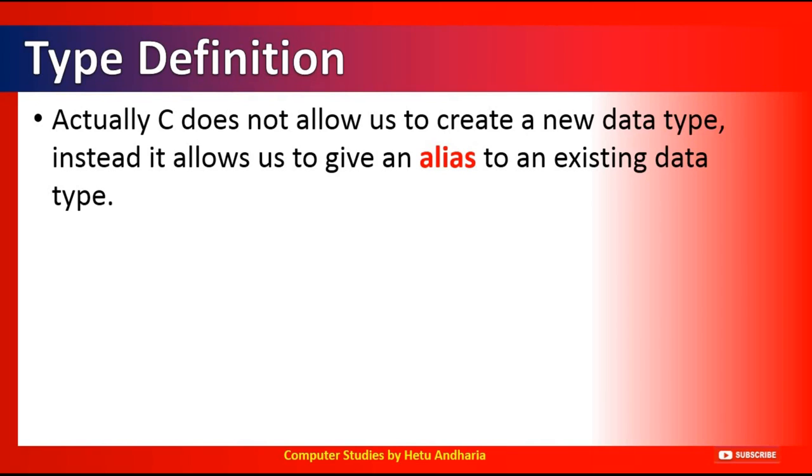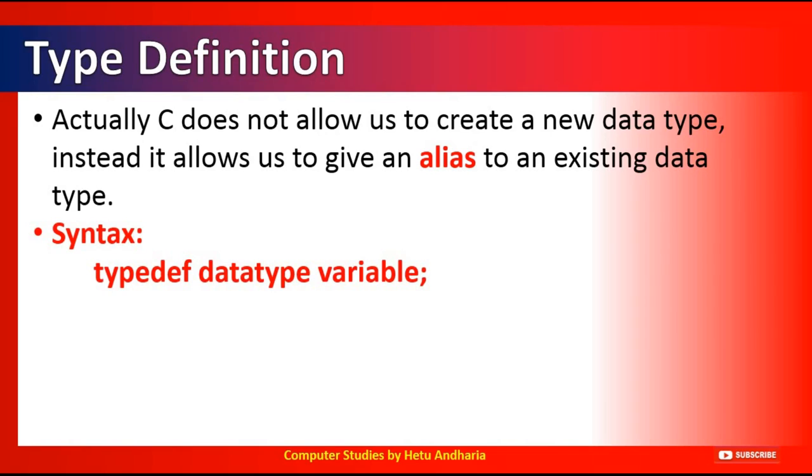What is alias? Means pet name. Your name is something else in your school, in your classroom, but your parents may be calling you using your pet name, or the person who likes you will be calling you using your pet name, right? So that is alias. Your actual name remains as it is, but you are called by some other name.